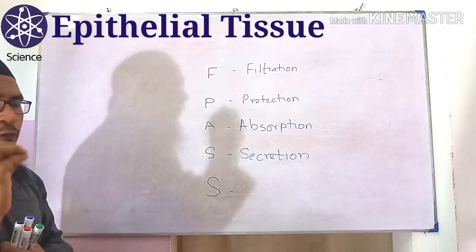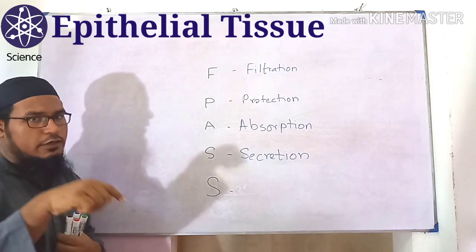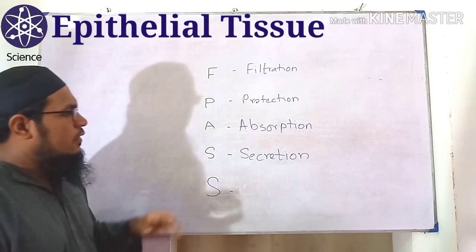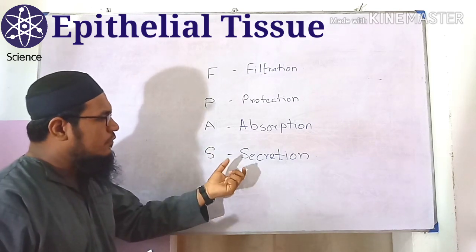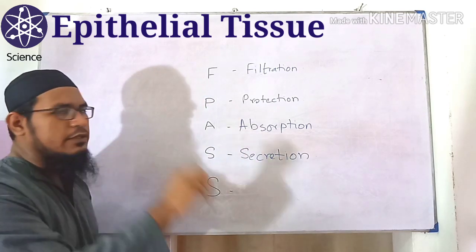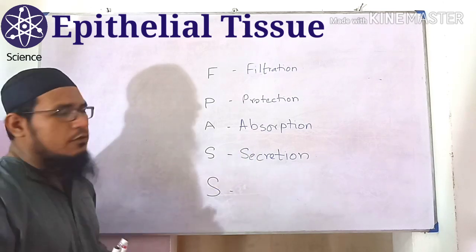The pancreas has pancreatic juice, which is secreted into the duodenum. You will be learning that under systems. So there secretion happens, and this secretion happens with the help of epithelial tissue. Epithelial tissues help in the secretion of liquids or fluids in and out of the body.